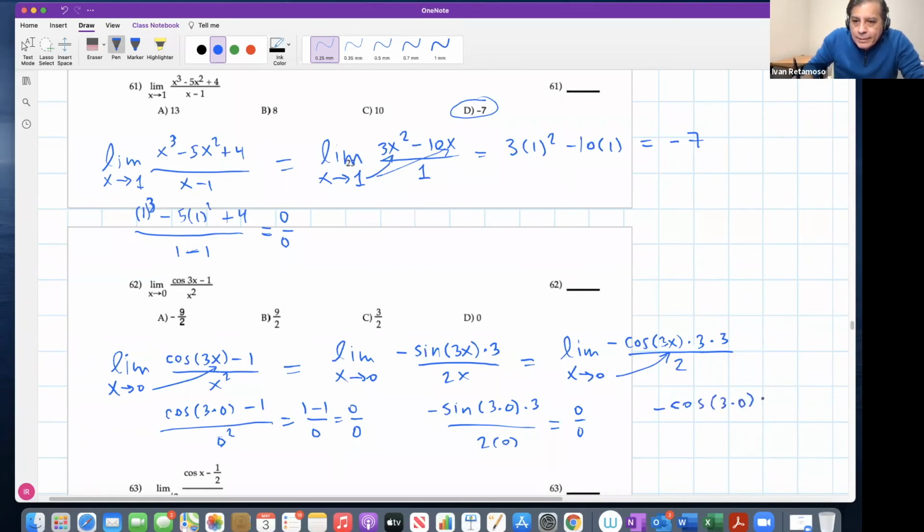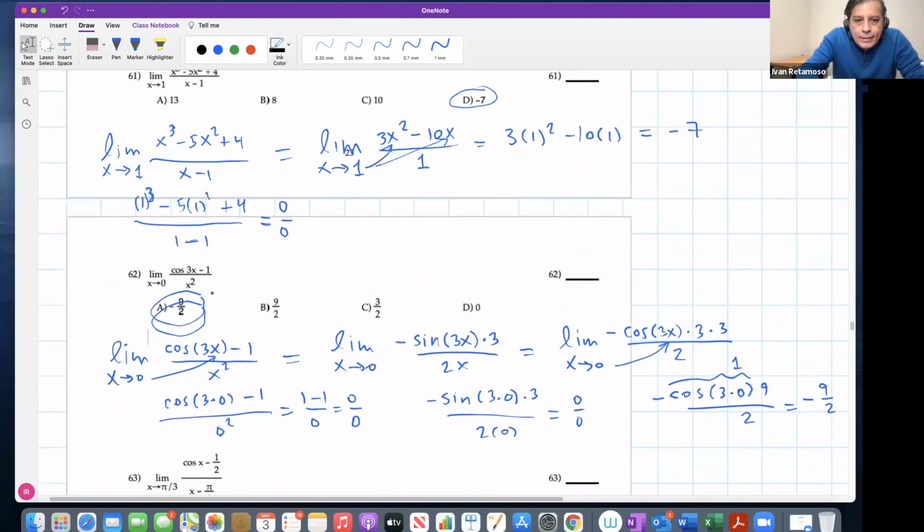So this times 3, 9 over 2. Cosine of 3 times 0 is cosine of 0, which is 1. 1 times 9, with the negative sign, gives negative 9 over 2. Very good.